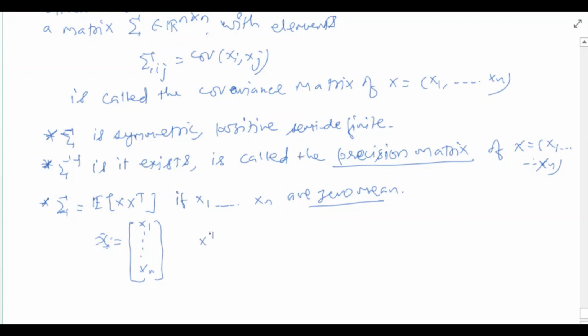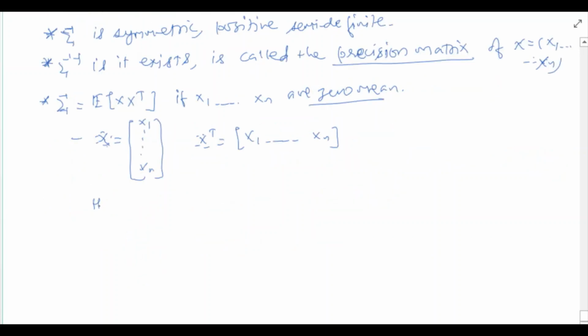So x transpose is a row vector x1 dot dot dot xn. This implies that xx transpose is an n cross n matrix, a random matrix. And in the above fact, we are talking of expectation of this matrix.